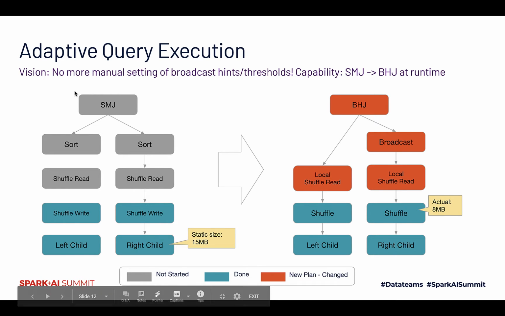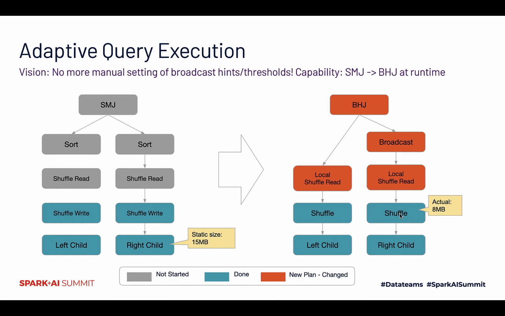But in Spark 3.0, when we encounter the shuffle, once we've read in the right-hand side, after doing filtering from disk, we may discover that the actual size of the data coming in is only 8 megabytes. And at that point, Spark would rewrite the next stage of the plan to use a broadcast join instead of a sort merge join, getting much higher overall throughput.